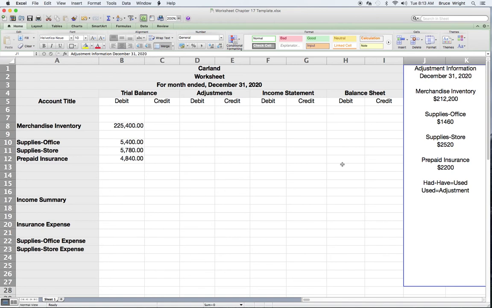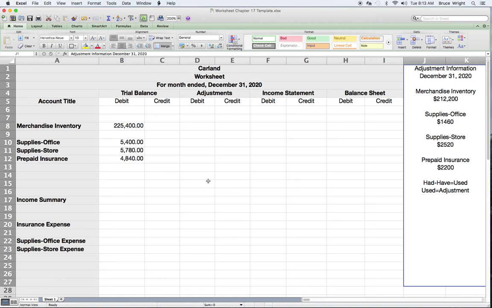By the way, I did not put all the balances in here, I just put the accounts that we need to adjust. We'll be able to look in the book and show you the rest of them.